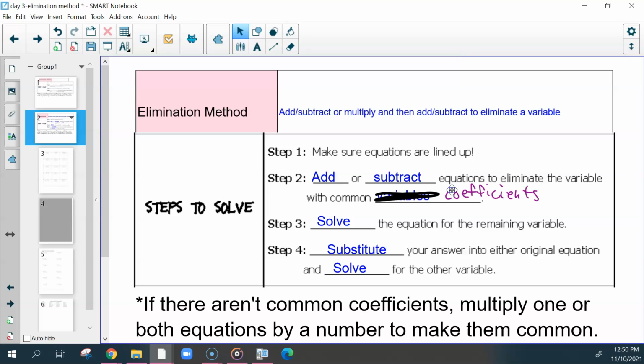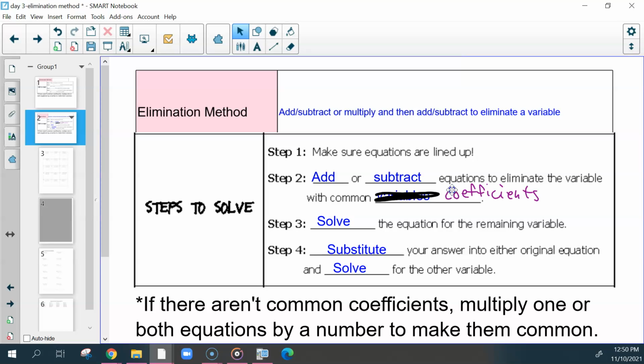So the elimination method is where you add or subtract, or multiply and then add or subtract, equations together to eliminate a variable. Some of those words are missing from that top, I added them in. Step 1, make sure the equations are lined up.